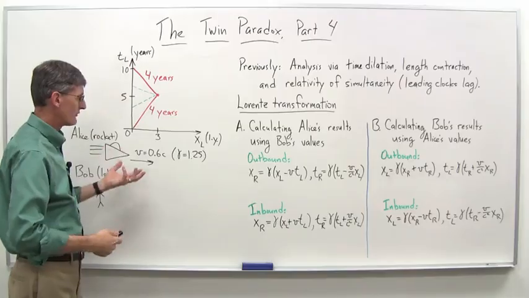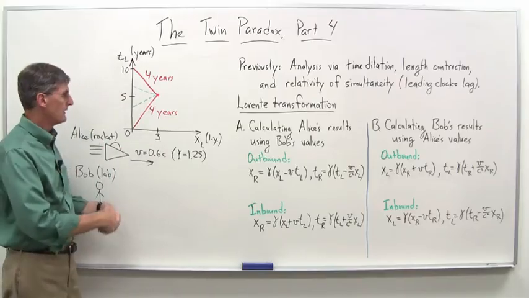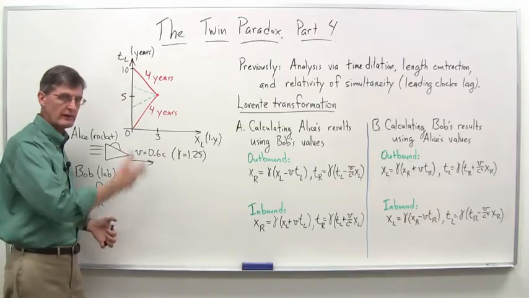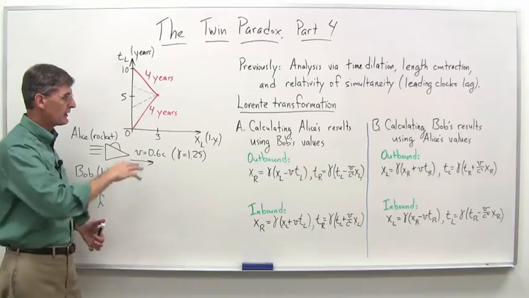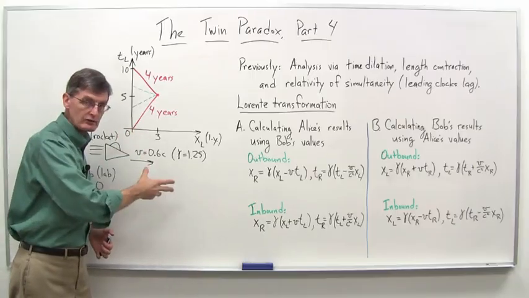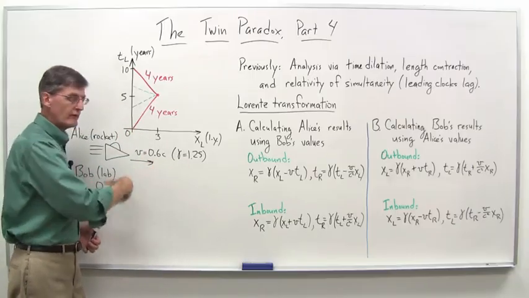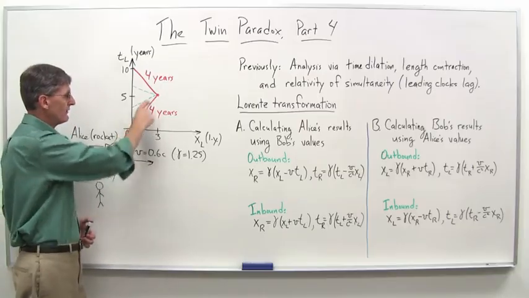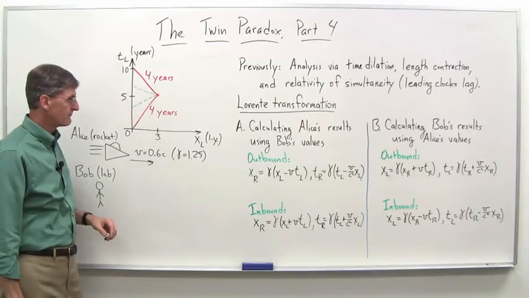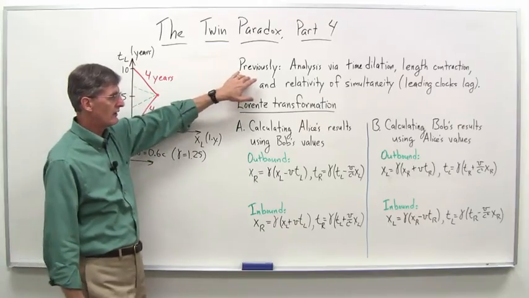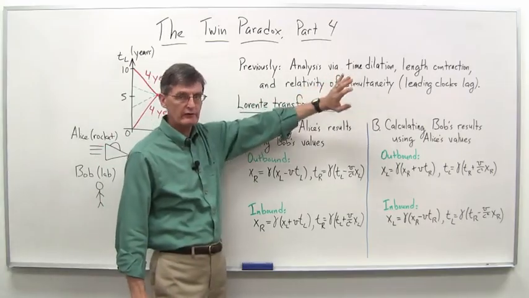So his analysis, remember, was fairly straightforward. He expects he'll see 10 years tick off on his clock, and because of time dilation, the 1 over gamma factor, the 1.25, he sees Alice's clocks tick off 4 years in each case. So that was Bob's analysis via time dilation.